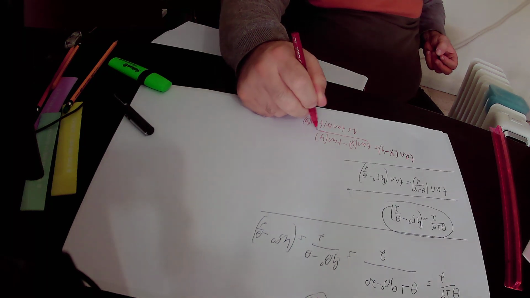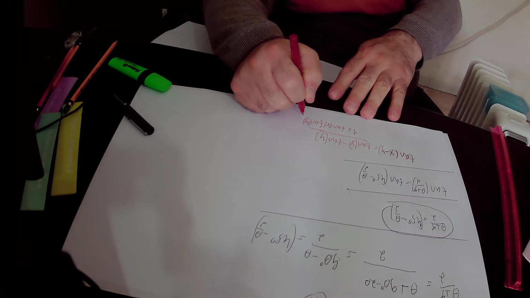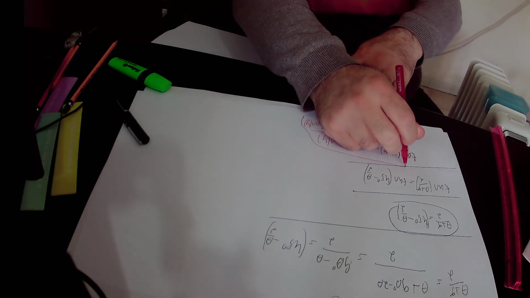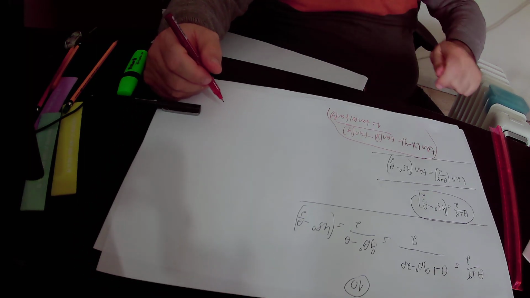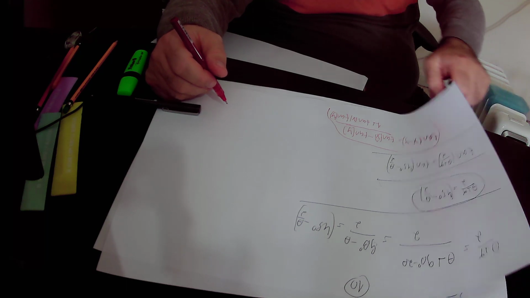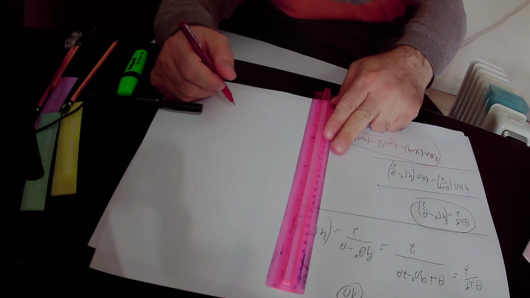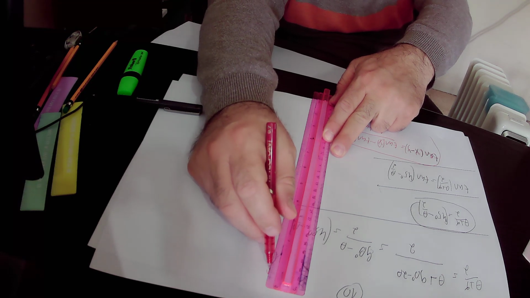So we use this trigonometric identity in order to find out the value of tangent of 45 degrees minus theta over 2.